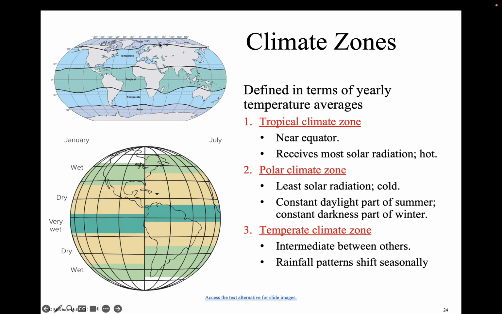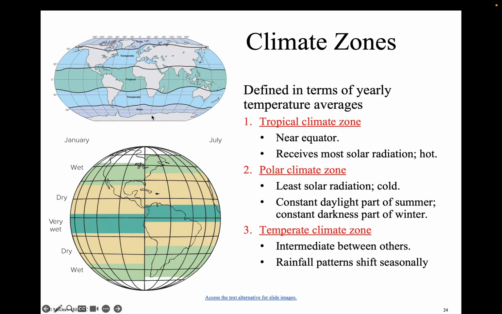And then the other extreme is the polar climate zone, again happening at the south and the north. Here you're going to receive the least amount of radiation, so it's essentially colder throughout the year. But then again, there are seasons, for instance in the summer, where the north will receive daylight most of the day, so it's going to be day 24/7 here, whereas here it's going to be night 24/7.